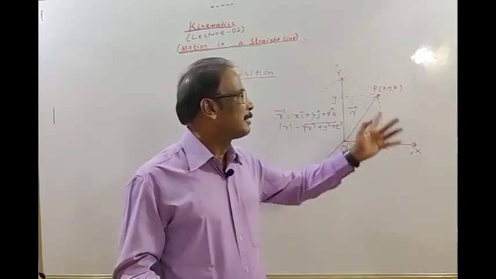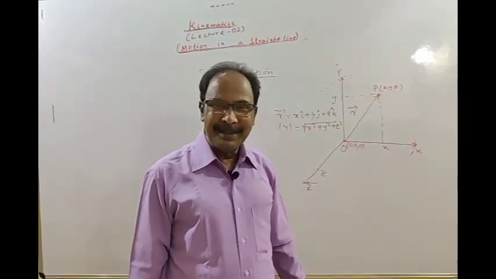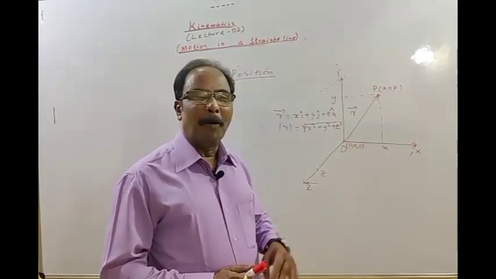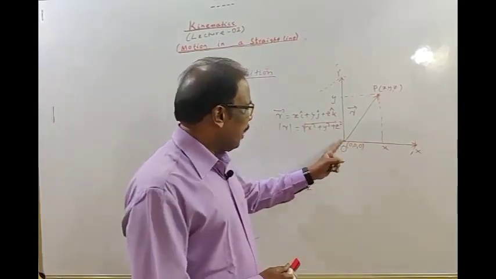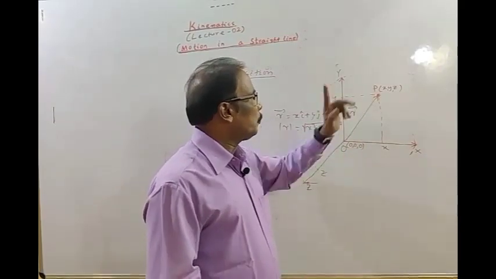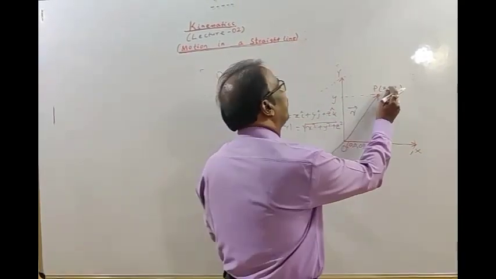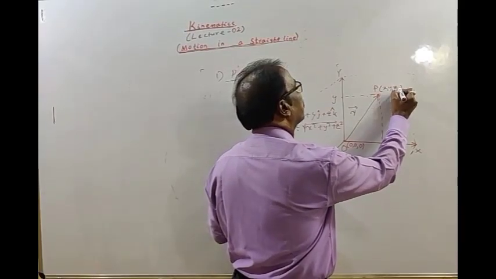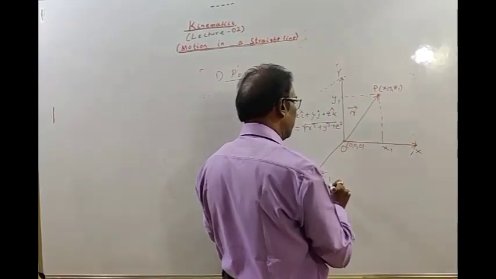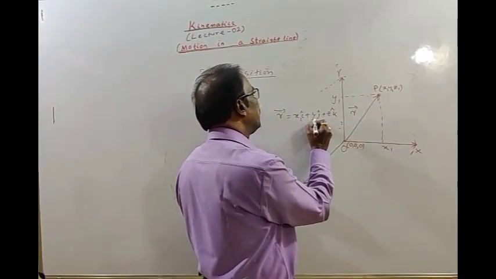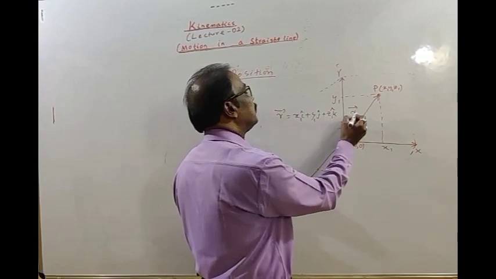If direction changes, then position also changes. Position depends upon the origin. Suppose one person is observing from origin O, and with respect to him the coordinates of point P are x1, y1, z1, and the expression of the position vector is x1 i cap, y1 j cap, and z1 k cap.